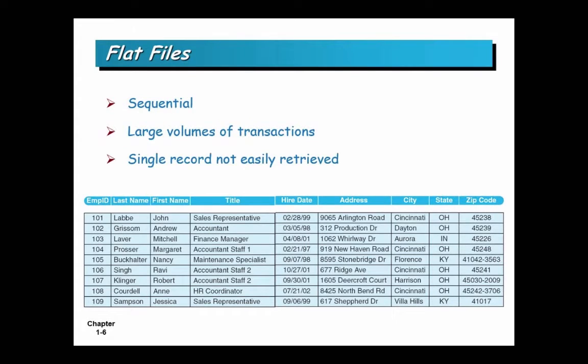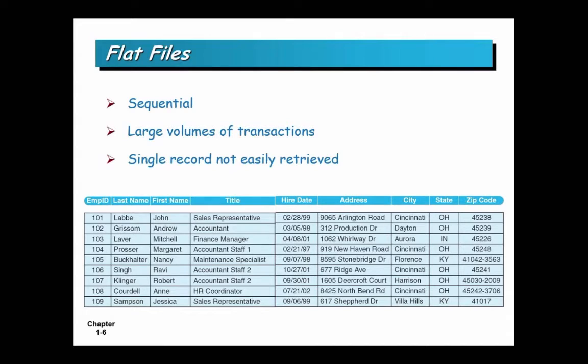So let's go back in history to the start. And you have flat files. Essentially, all your data would be on a single record that's as long as you need for all of that data. In this case, this is all your employee data on a single file. It's stored sequentially, starting with 101 and going on down, sorted by employee number.